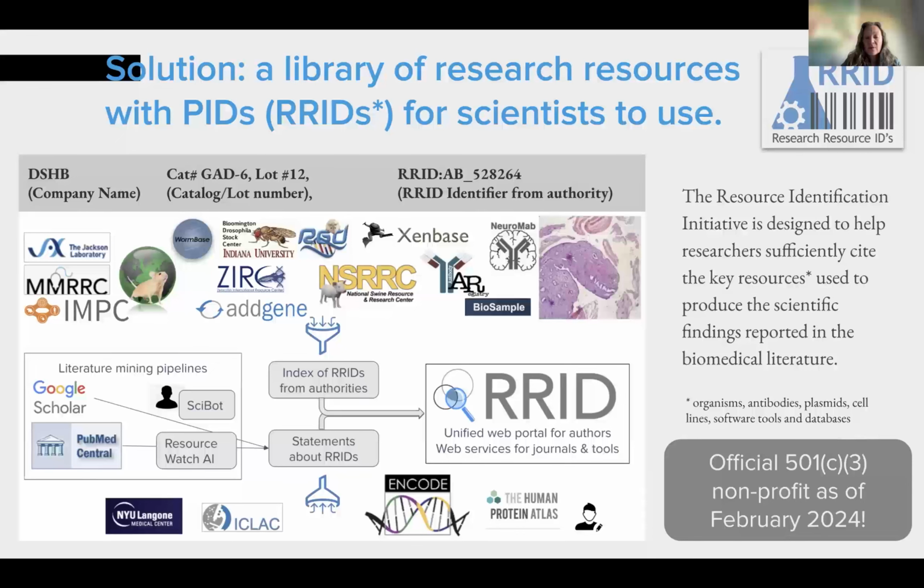And in 2024, we have just achieved the 501c3 nonprofit status, and we will be moving a lot of our activities over the next few years into that nascent nonprofit.